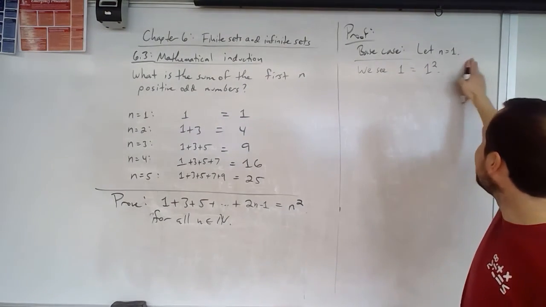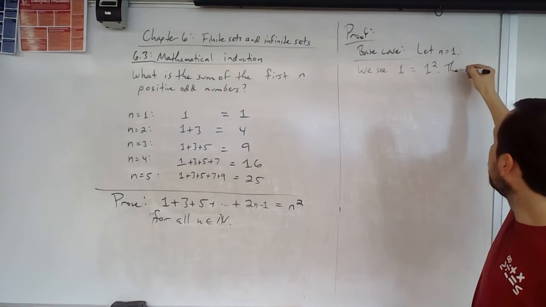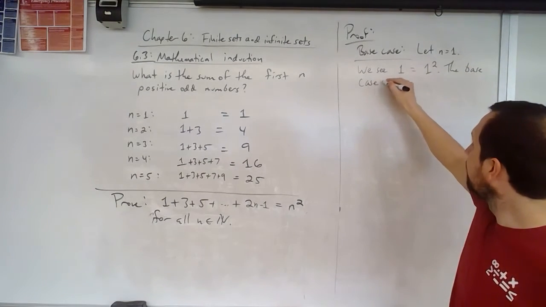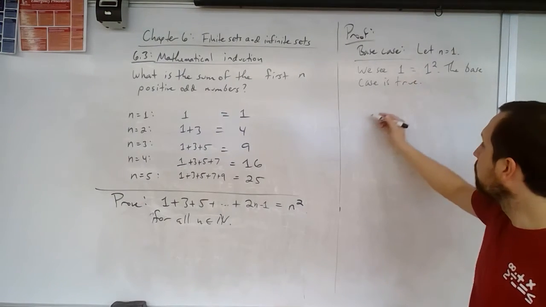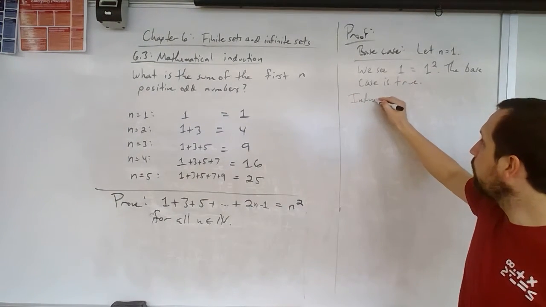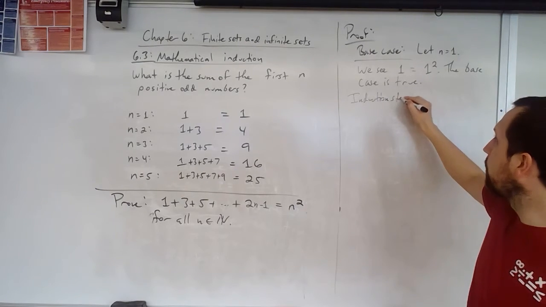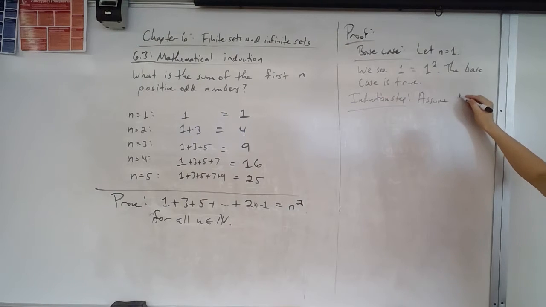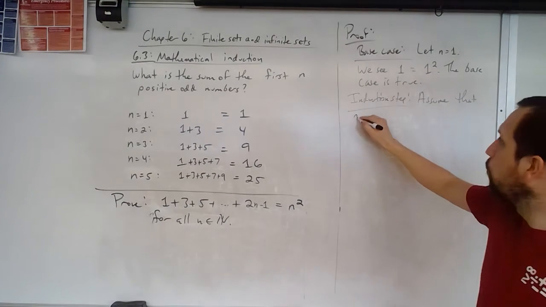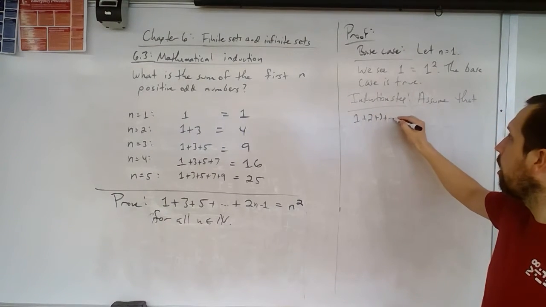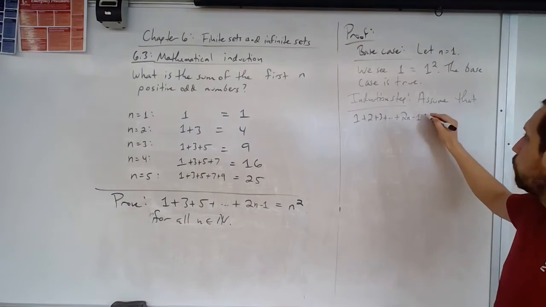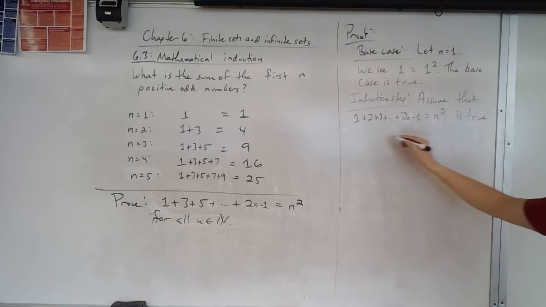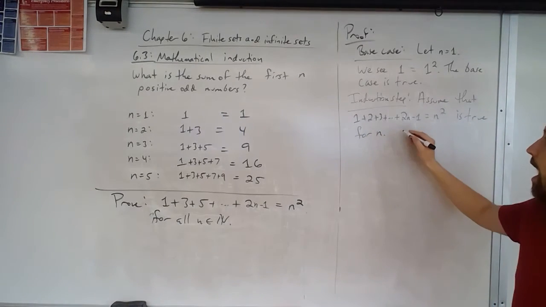So if you'd like to make a statement over here, you can say the base case is true. So now we'll go to the induction step. We will assume that 1 plus 2 plus 3 all the way up to 2n minus 1 is equal to n squared is true for n.